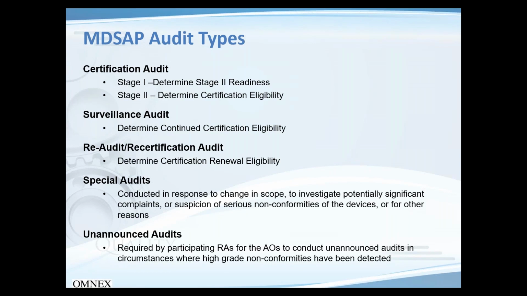Has the company effectively implemented all the requirements, and can they effectively manage the systems? Then we have the surveillance audit, which is conducted to determine if the certification can be continued. And then we have the recertification audit, or the re-audit, and that is to determine if the certificate can be renewed for another 3 years.